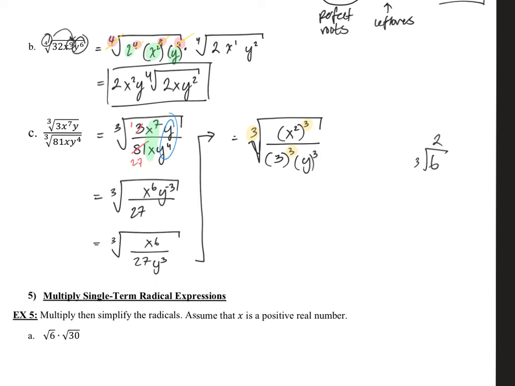And there we go, they're all written as something to the 3rd power. Once we have them all written that way, we can cancel that. And we're left with the bases, which would be x squared, 3, and y. So x squared divided by 3y. And there we go, our simplified answer.